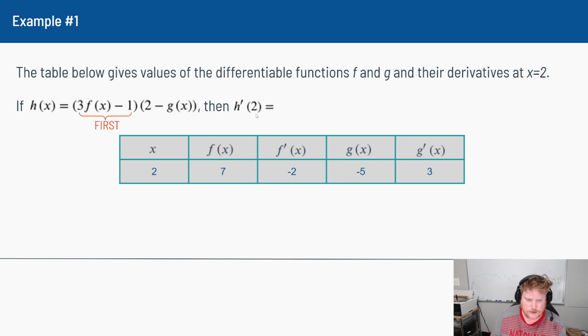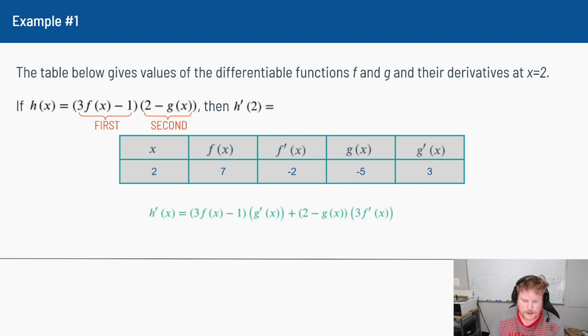Okay. So because we have a product, we're going to apply the product rule. So we have to find our first and our second. Our first is the first function in the product, and the second is the second function in the product. Then applying our rule, we have the first times the derivative of the second, which in this case is just g prime, since the derivative of a constant is 0, plus the second times the derivative of the first.